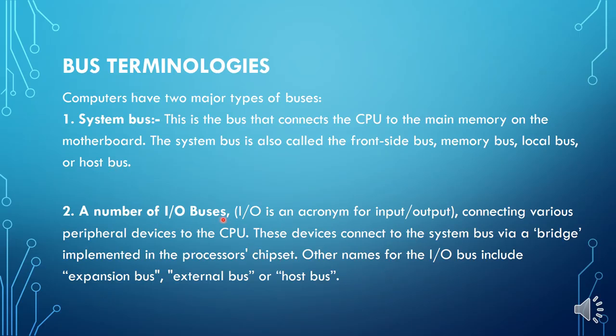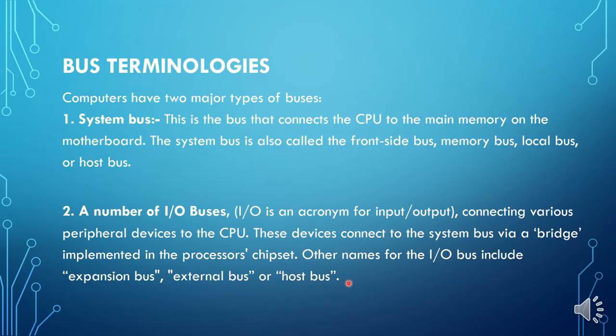And coming to IO buses, these connect various peripheral devices to the CPU. The devices connect to the system bus via a bridge implemented in the processor chipset. We have already seen two types of bridge, north bridge and south bridge. In the next lecture we are going to study the chipset. Other names of the IO bus include expansion bus, external bus or host bus.